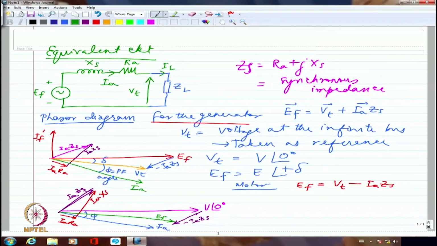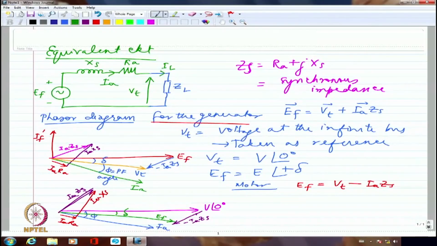That is, when I look at V minus IAZS, I am going to get EF. Now this angle I may call delta again, but please note EF is lagging behind the terminal voltage V.